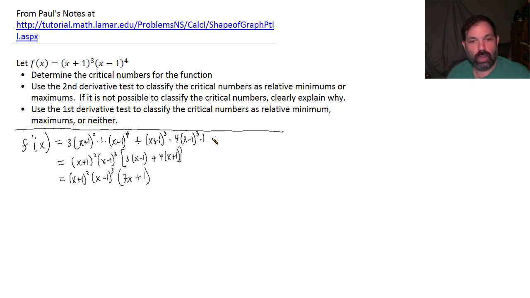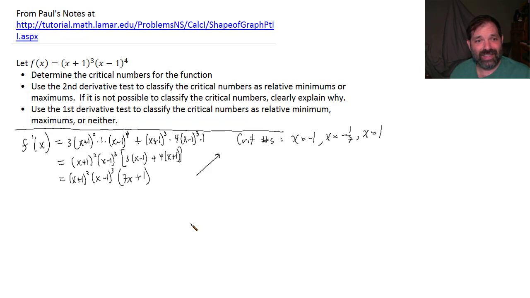So let's see, my critical numbers are at negative 1, negative 1/7, and 1. Those are my critical numbers.